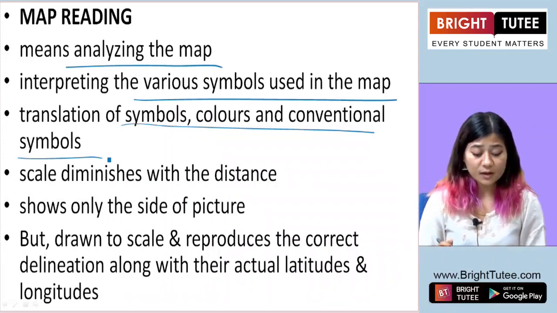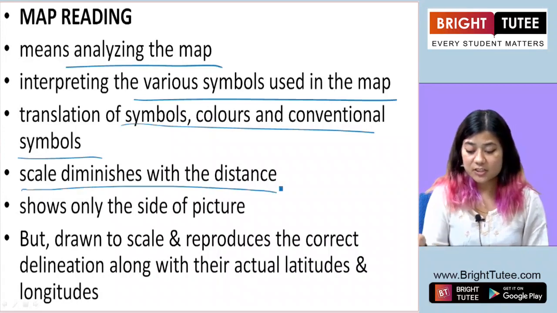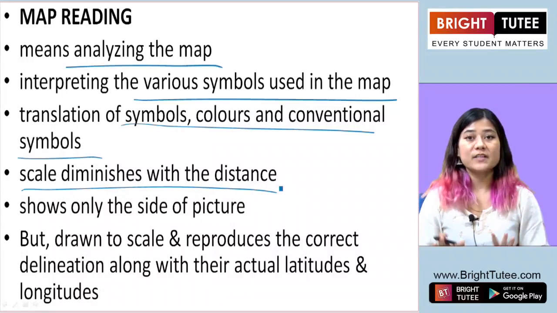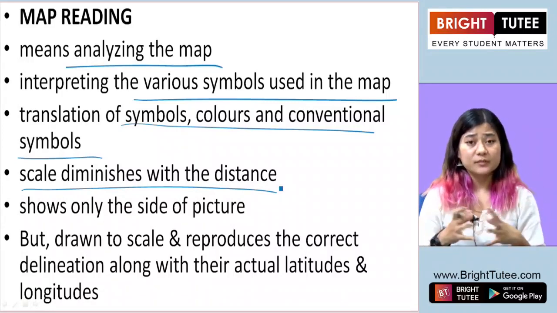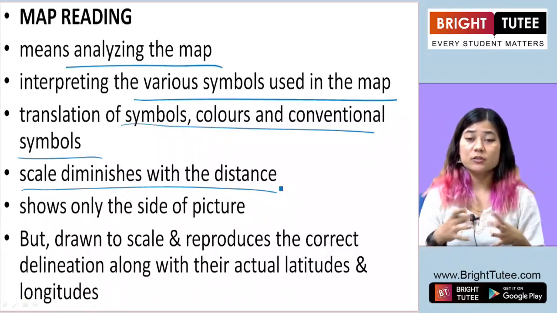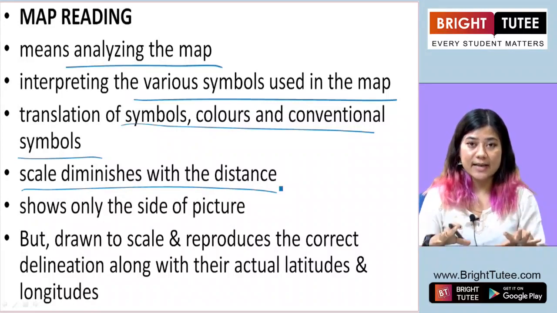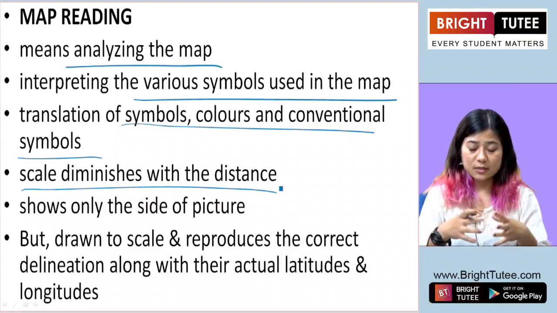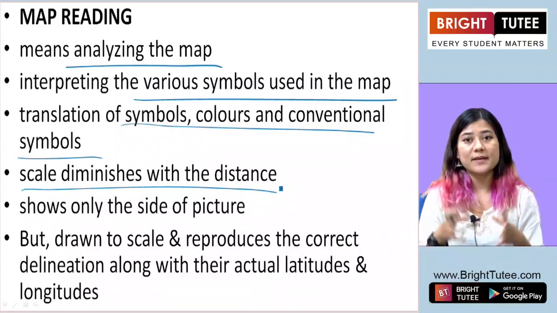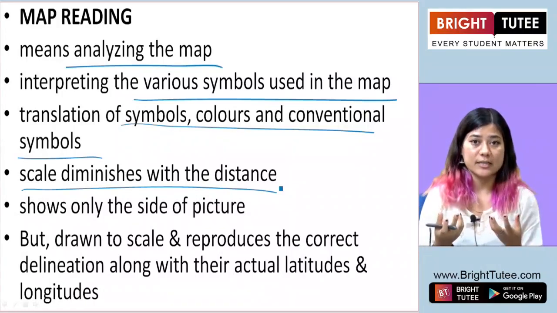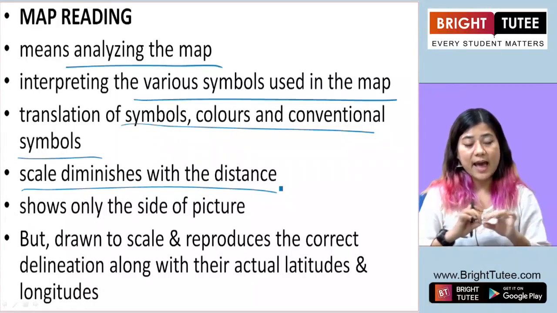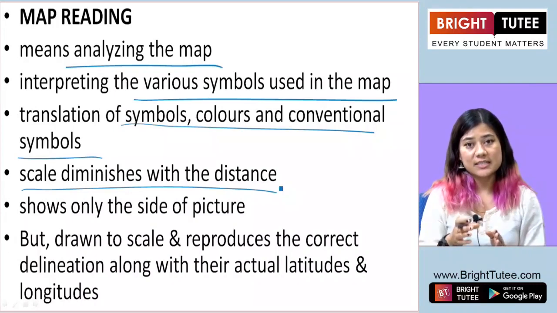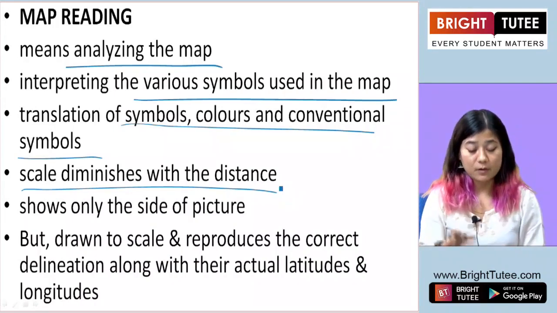Alright, and the scale diminishes with the distance. The length or the area, obviously the earth is huge. The drawing of it cannot fit in exactly the same size on a piece of paper, right? So the sketch or the map is smaller than what it actually is. So the actual scale of the map diminishes with the distance on a piece of paper.